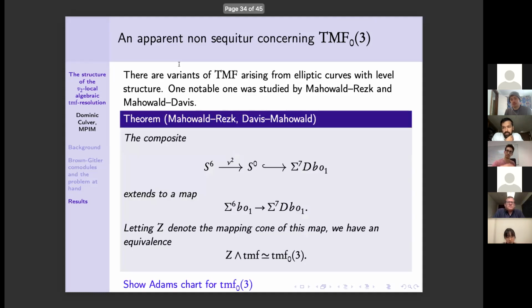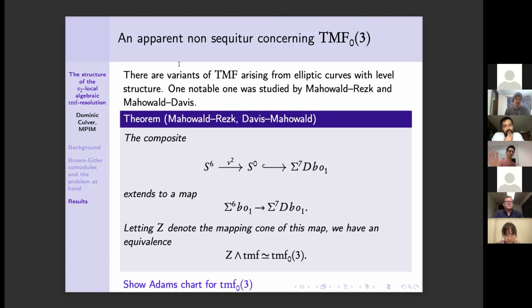I want to remind you of what one of those is. So they show that if I look at nu squared, that's the map from S6 into S0. Then I can include S0 as the bottom cell of the 7-fold suspension of the Spanier-Whitehead dual of BO1.